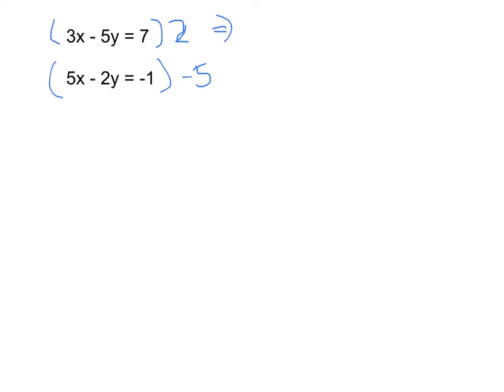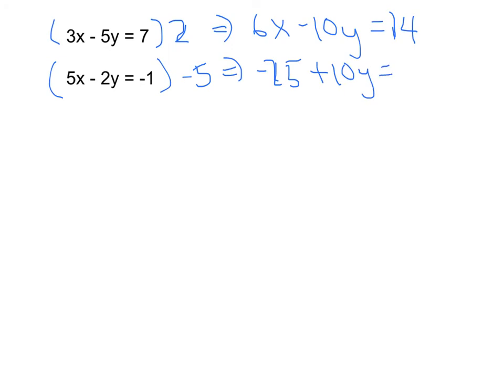The first equation becomes 6x minus 10y equals 14. And the second equation transforms into negative 25x plus 10y equals 5.